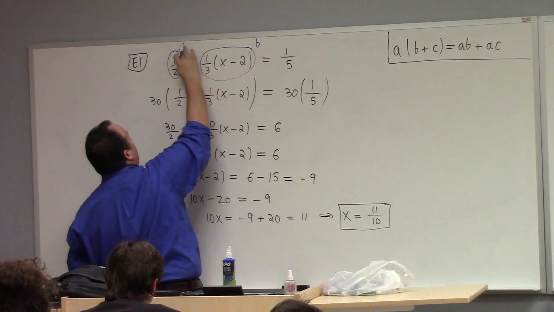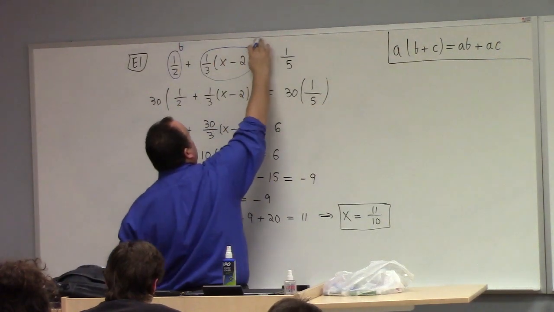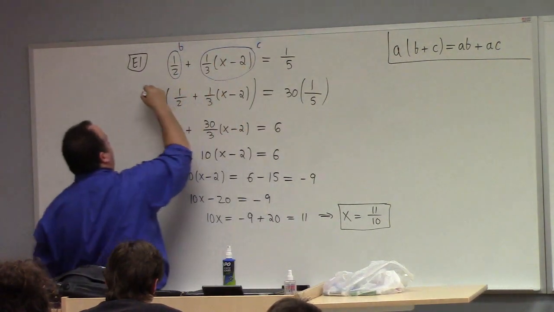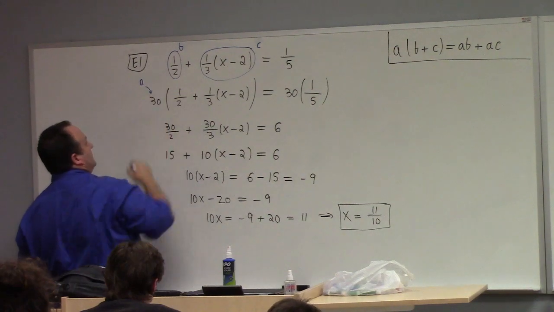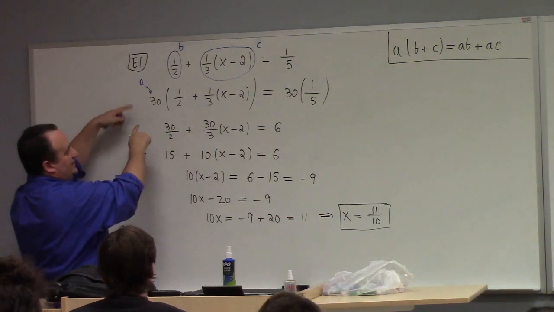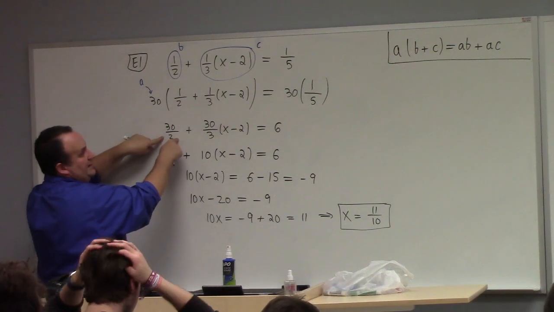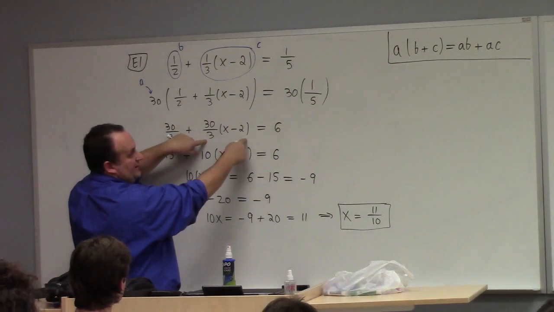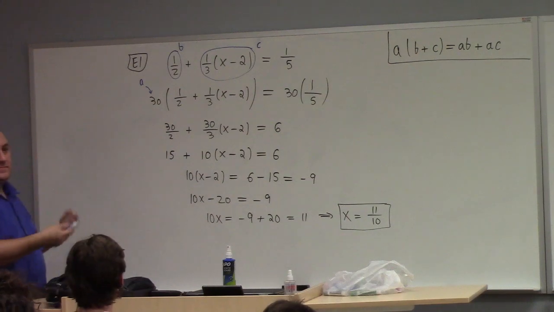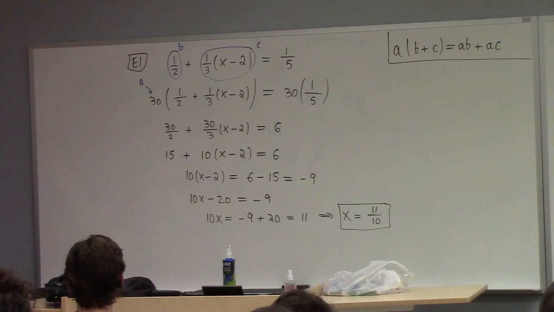B, my bad. B and C. And then I think of this as kind of like an A. So that's the pattern. It's A times B plus C, I've got A times B here and A times C here. That's the pattern, the distributive law that I'm using.